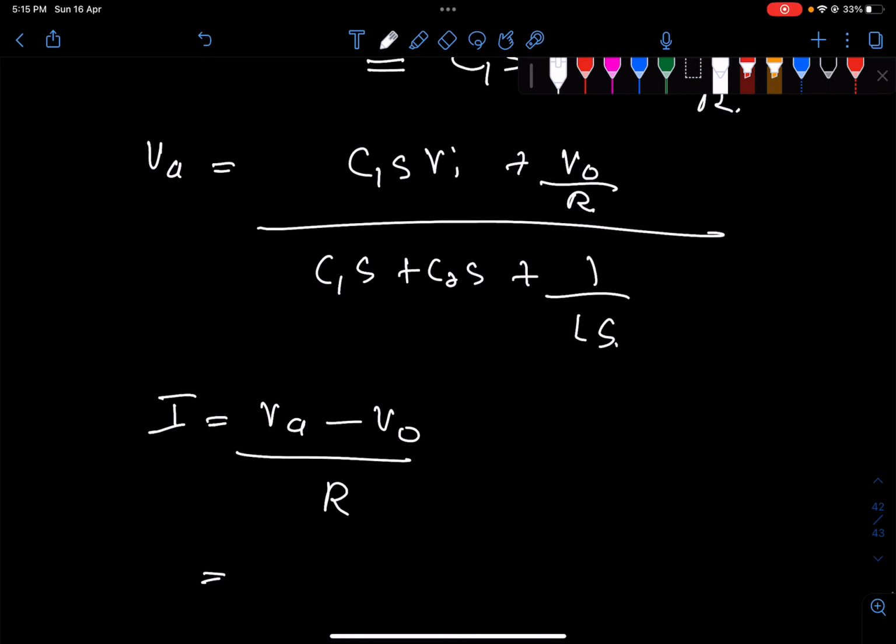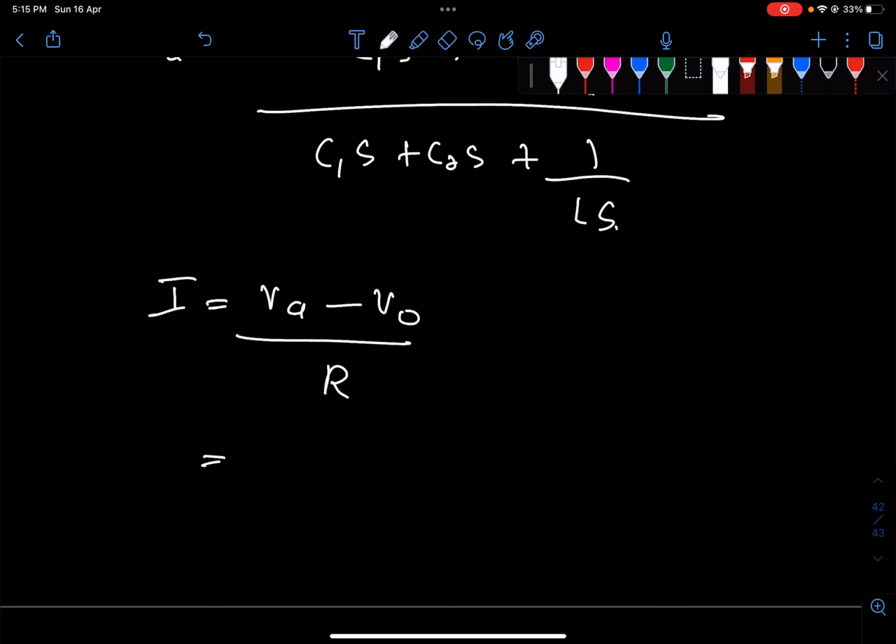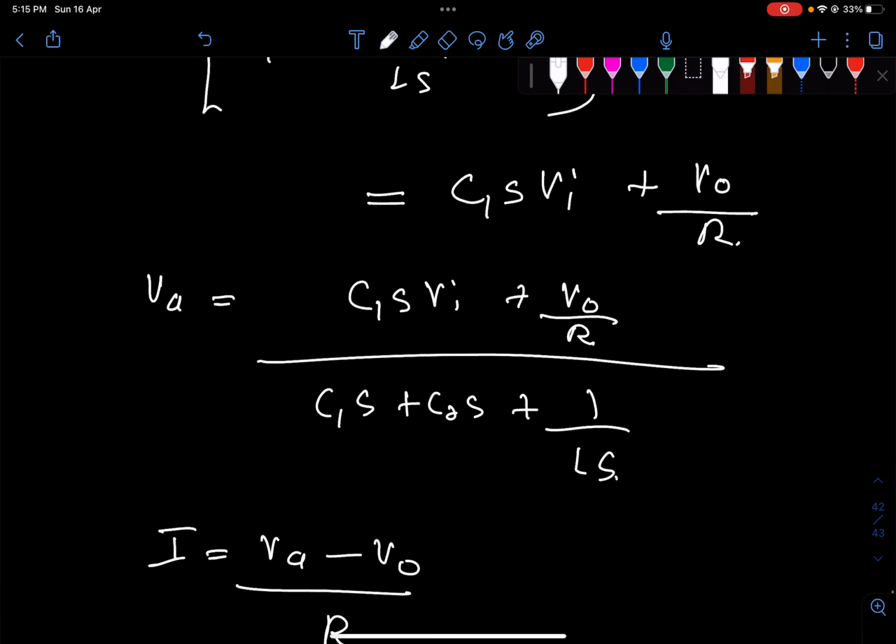So what is V0? So VA by R, or just wait a minute. What is the current?